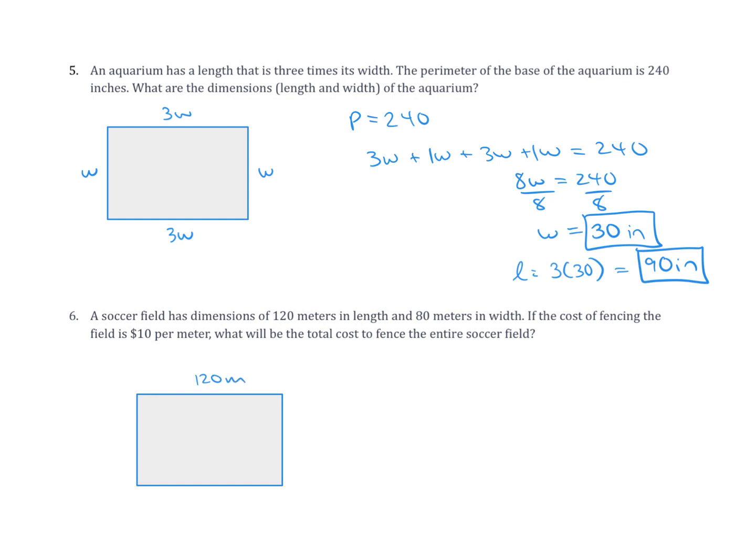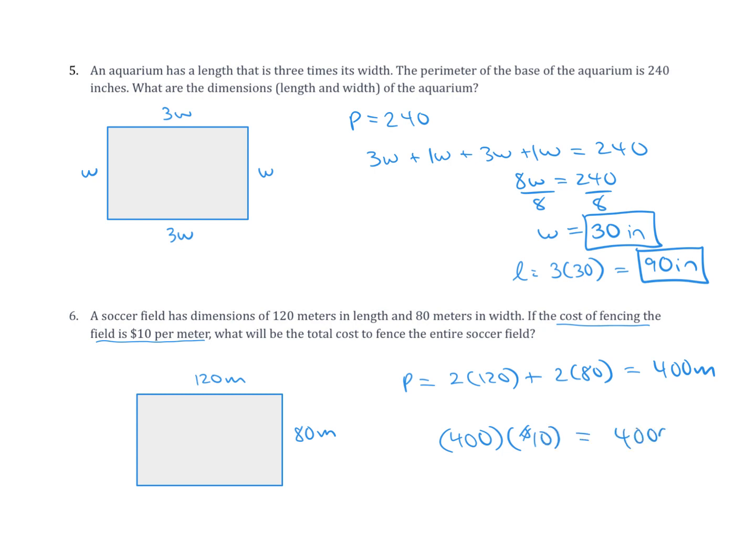We've got 120 meters in length, 80 meters in width. And so the perimeter is going to be 2 times 120 plus 2 times 80, which gives us 400 meters. And then it tells us that the cost of fencing the field is $10 per meter. So I'm going to multiply 400 times $10 per meter, and that gives us $4,000 to fence the soccer field.